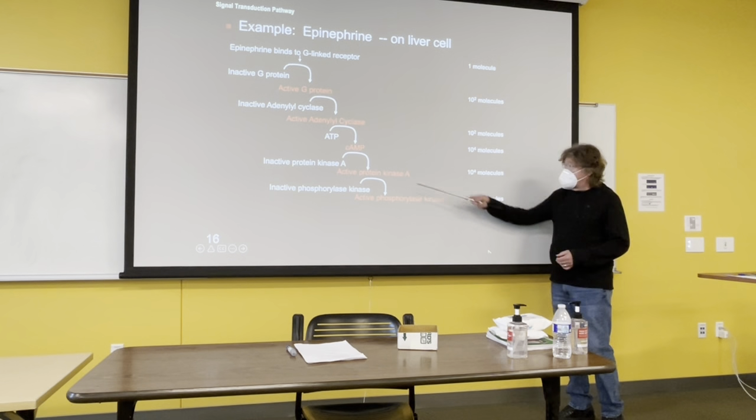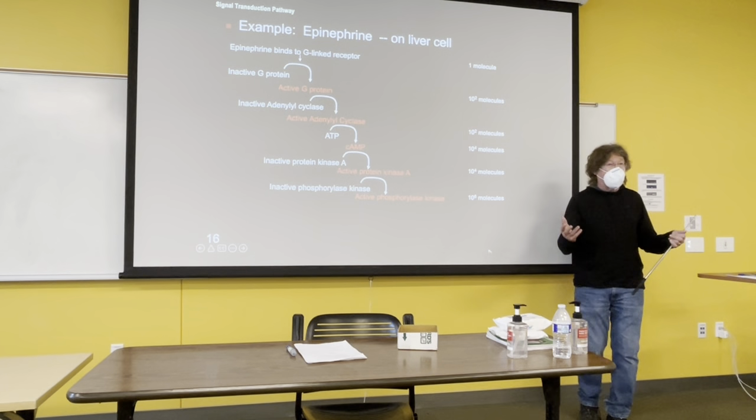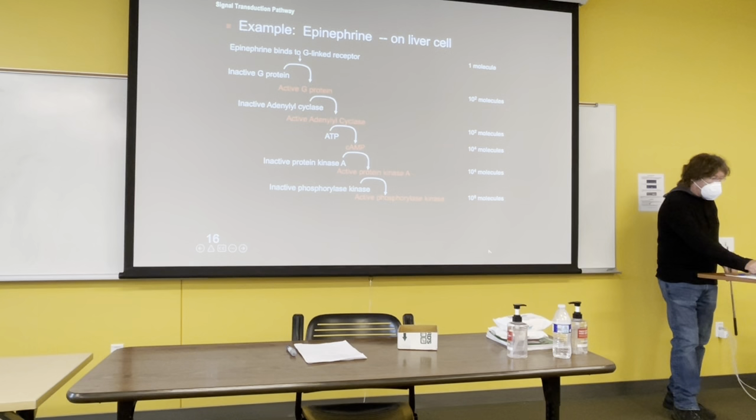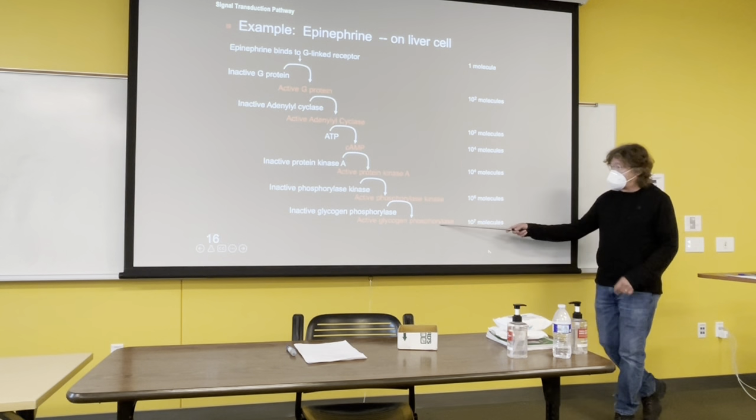And one of them can activate several, maybe 1,000 or so. And so the numbers are going up, and then the active phosphorylase kinase will activate an inactive glycogen phosphorylase, which is the main thing that we're doing.